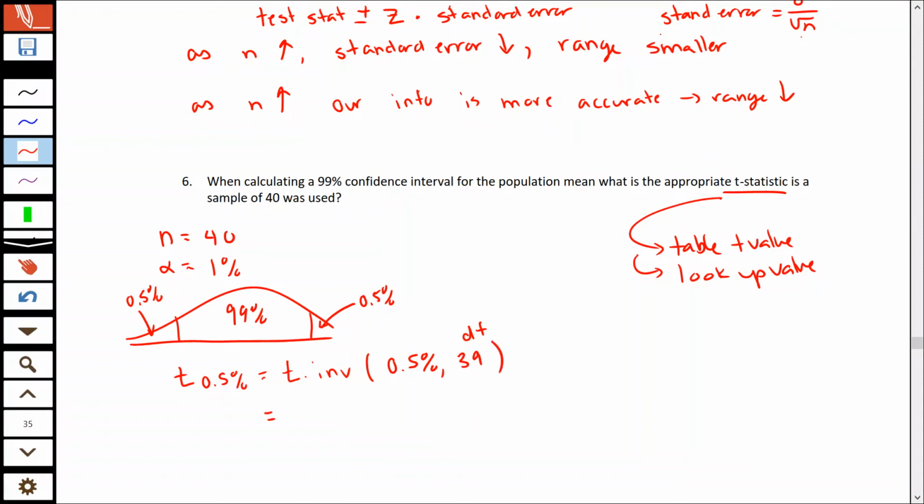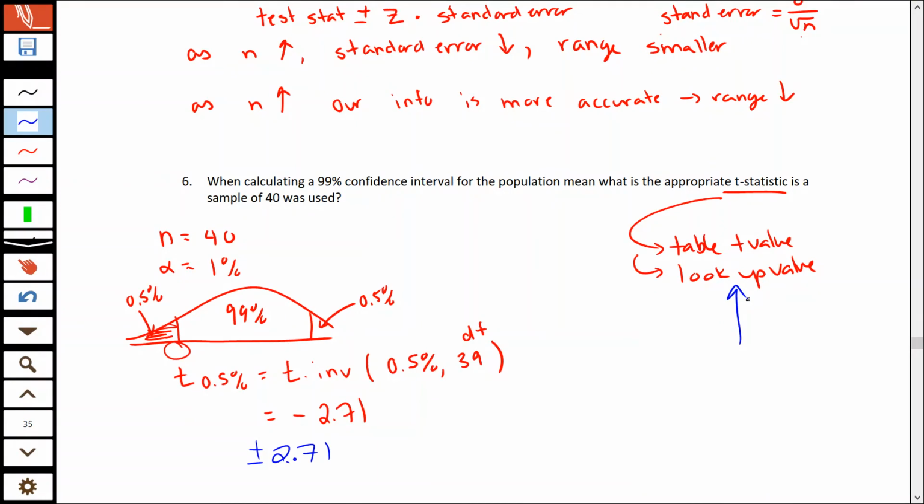And it's going to give us, because I put in just the lower 0.5%, it's giving me back the negative value. So we've got a negative 2.71. Now that's fine. You and I know that we're basically going to use plus or minus 2.71 in our calculation, so it doesn't matter whether we looked up the negative or the positive. When it's talking about the table t-values or lookup values, those values would have been given to us strictly as positive numbers.